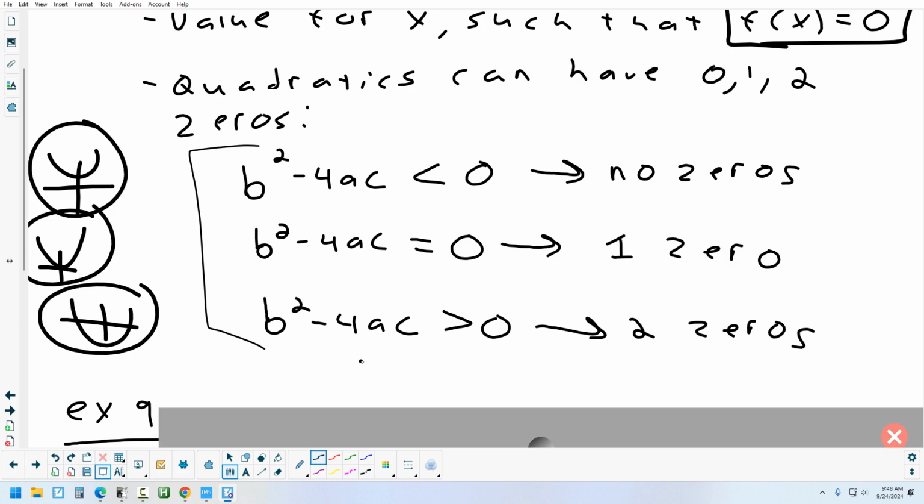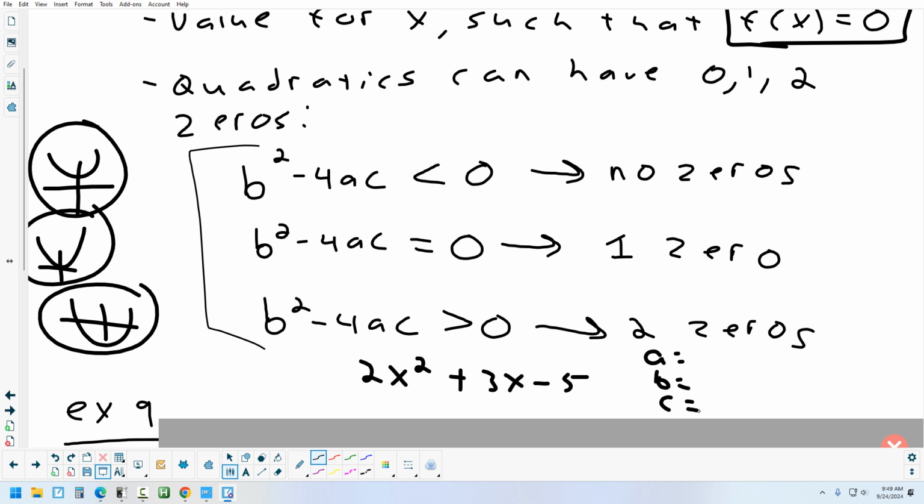Let's just make one up. 2x squared plus 3x minus 5. I just want to know how many times it hits the x-axis without sketching it. What's a in that problem? 2. What's b? 3.